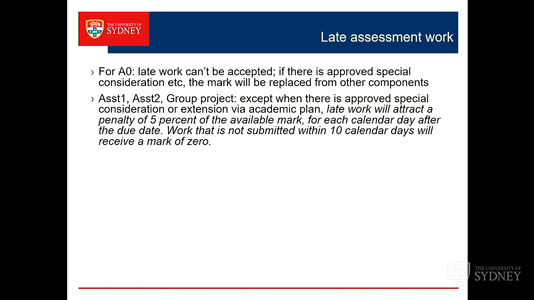So Saturday is a day, Sunday is a day, every day is a day, and your mark will drop 5% of what's available every day. But after 10 calendar days, you will receive 0. If it's more than 10 calendar days late, it goes to 0.